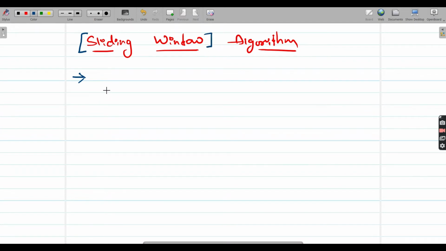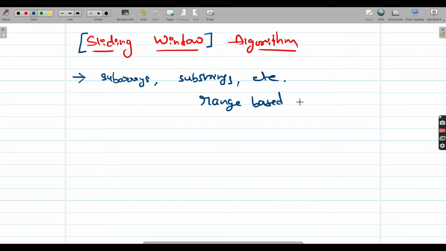Basically, we might see problems like subarrays, substrings, etc. These are all range based problems.